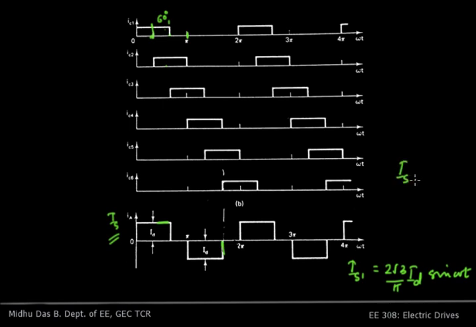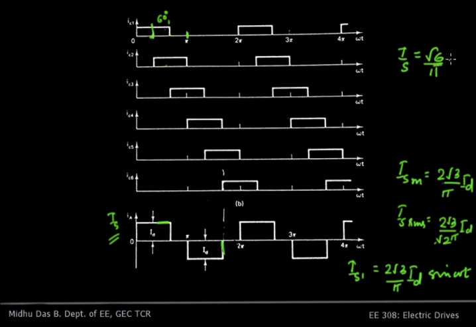Its maximum value, IS maximum, is given by 2√3 by pi ID. What about its RMS value? The IS RMS value will be Im by √2, so this will be 2√3 by pi ID by √2, or you will get the RMS value of the fundamental as √6 by pi ID.